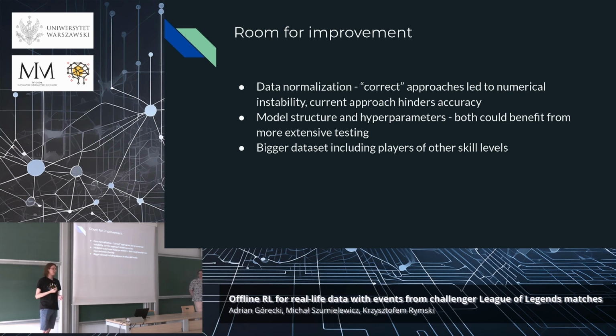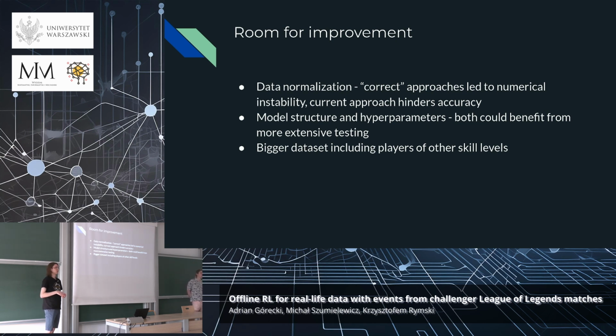If we had the time to improve the model more, or if someone else were to try to improve this, data normalization would probably be the biggest thing to look at. Also, our structure and hyperparameters, while we selected them carefully and tested them a little, we didn't have time to retrain the model on each possible value, so they could probably be improved.